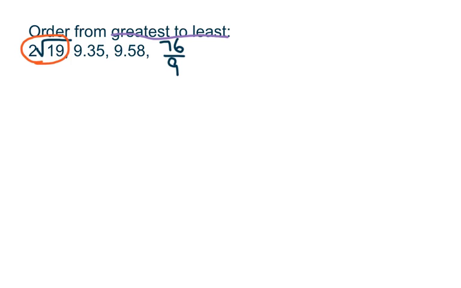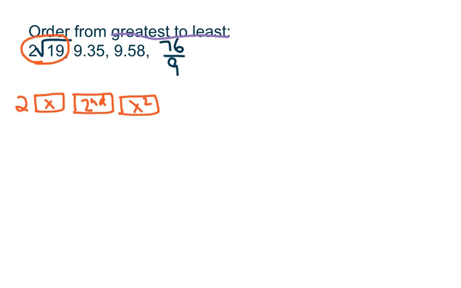So on your calculator, and I would highly recommend that you do this with me, you want to do 2 times the square root. So you can hit the multiplication symbol if you want to. So 2 times, and then to do the square root, we do the second button, and then we do the x squared button.